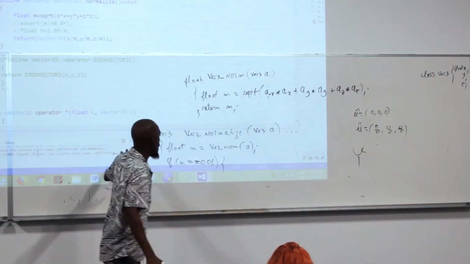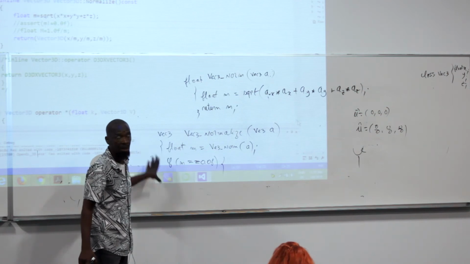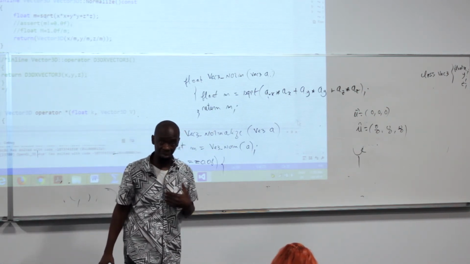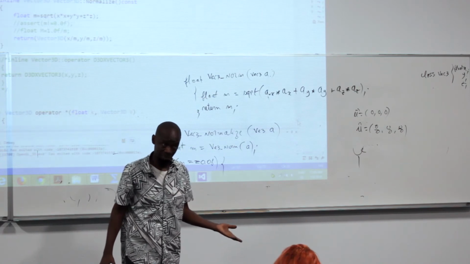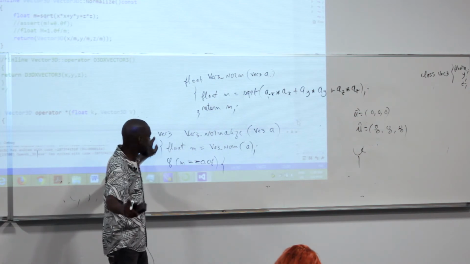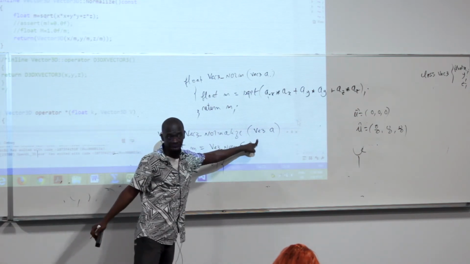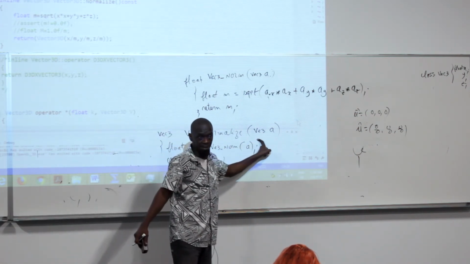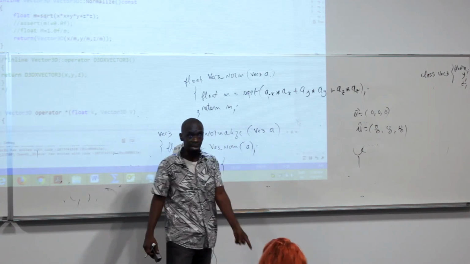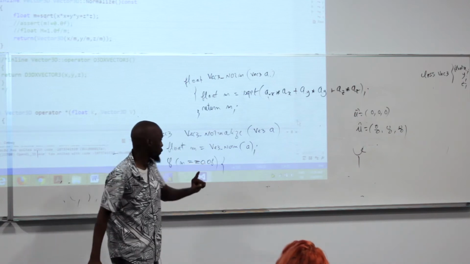But in computer programming, when you build a function, it's a contract between you and the compiler. You promise to pass in an entity of type class vector3, and then you have to promise to return something.